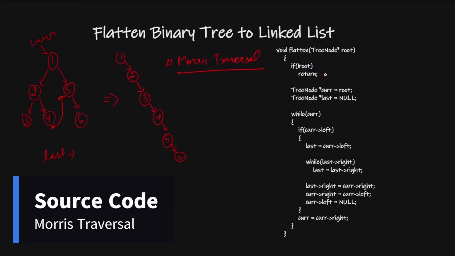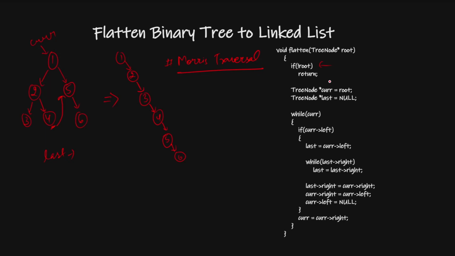If our root is null, we will return. Otherwise, we take current, which will point to our root, and last, which is right now pointing to null. So current is pointing to 1, and last is pointing to null. Now, if we have current left, then what we will do?